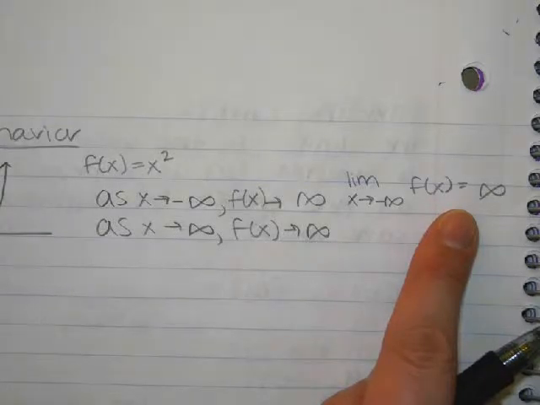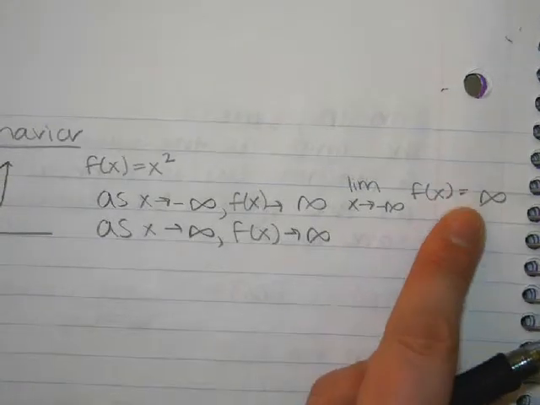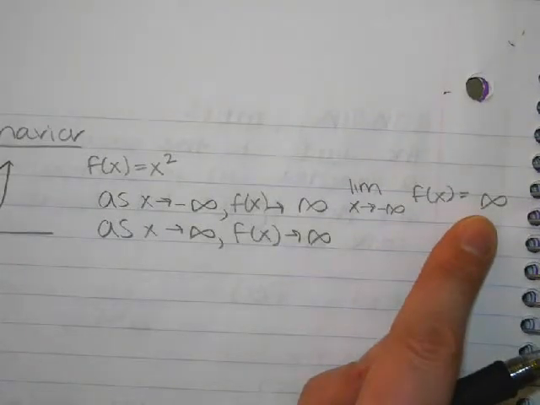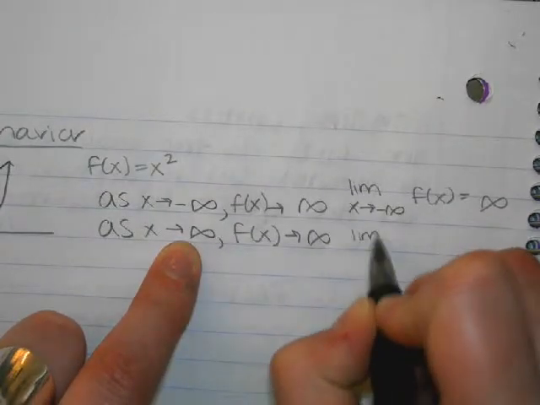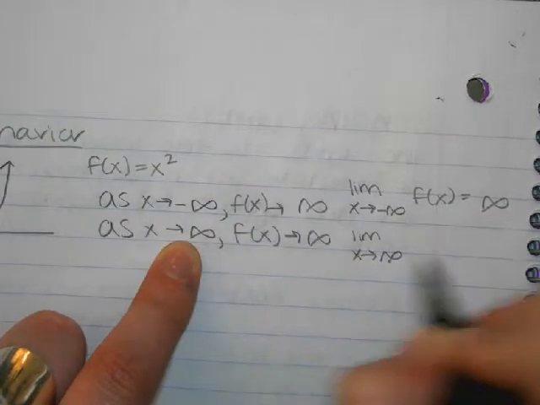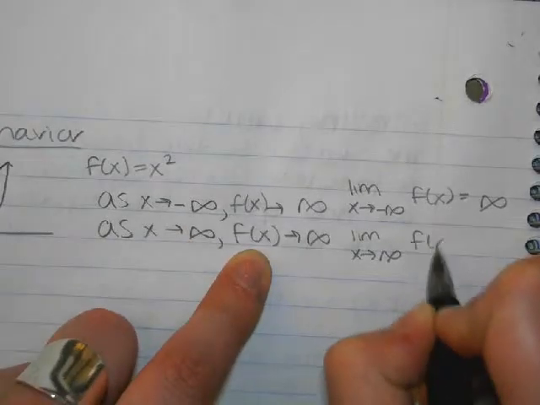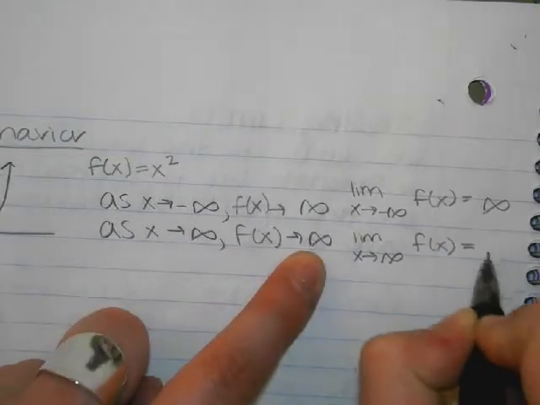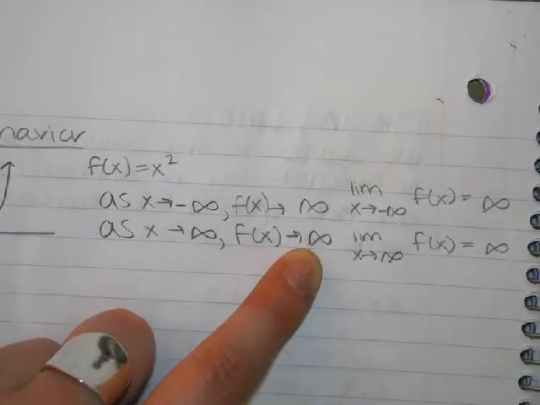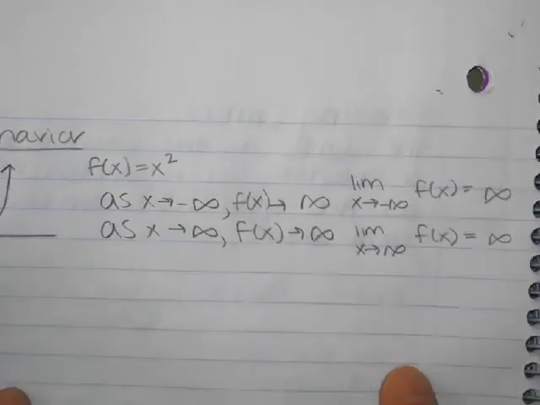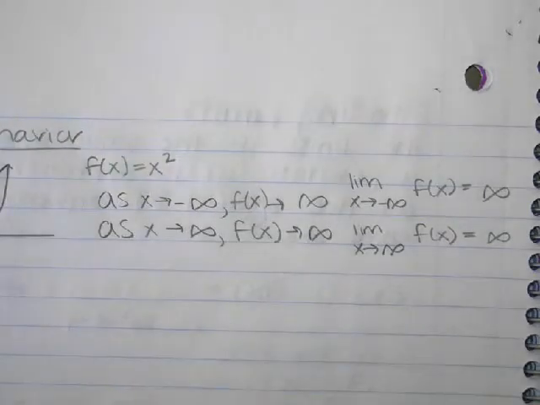I can't actually get that. I can't actually get a y coordinate of infinity. That's why we write it as a limit, because it's not possible. So here we're going to say the limit as x goes to positive infinity of the function is positive infinity. So we're doing the same thing we did before, we're just writing it a little bit differently.